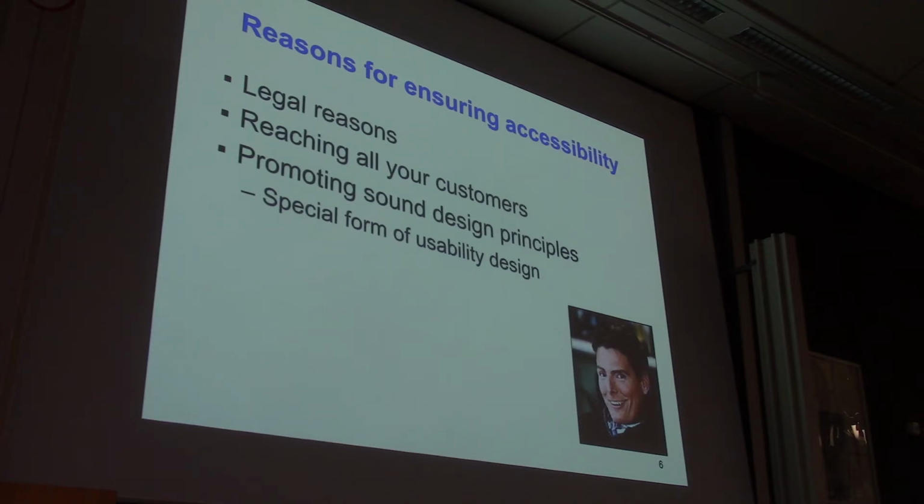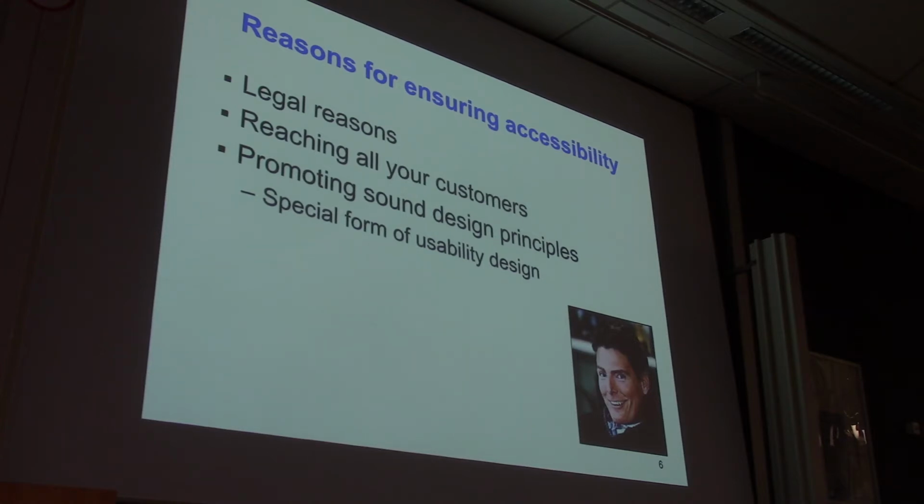But there are also more and more reasons that your target audience, if it's a commercial website, your potential customers, actually quite a large group of them, have some accessibility issue in one way or another, and we will see different forms of that in this class.